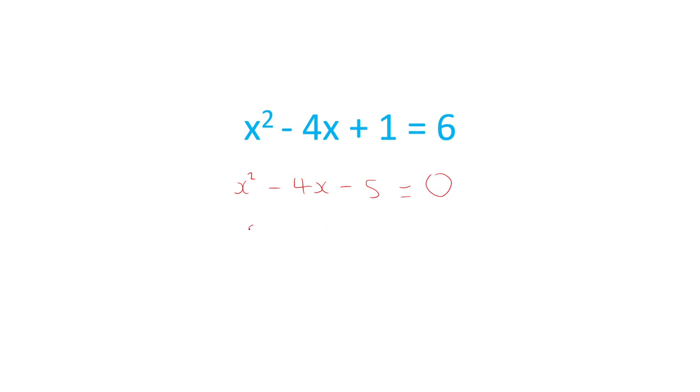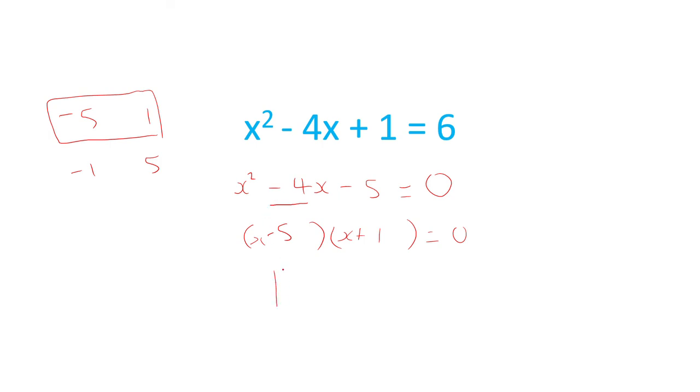We can do the usual thing, open up the brackets, make them equal 0, pair of numbers which multiply to give minus 5, so minus 5 and 1, minus 1 and 5, and they have to add to give negative 4, so it's going to be minus 5 and positive 1, so we fill those in the brackets, x minus 5, x plus 1.